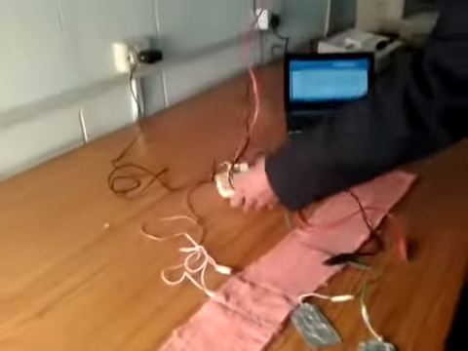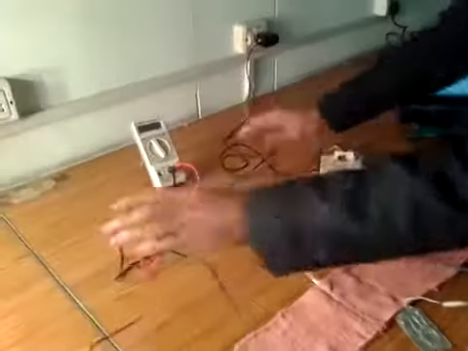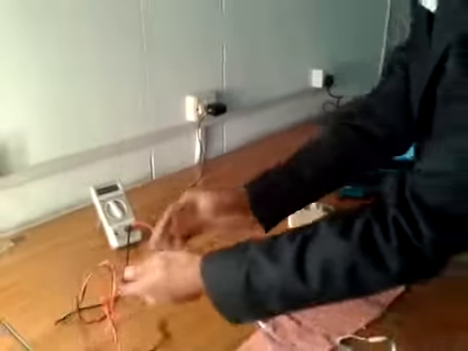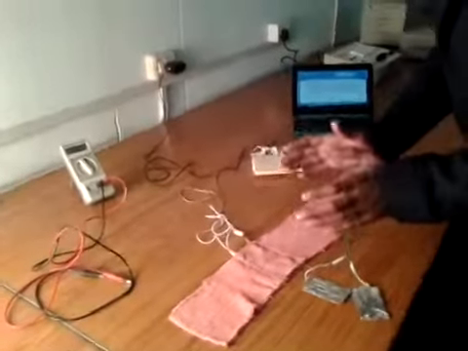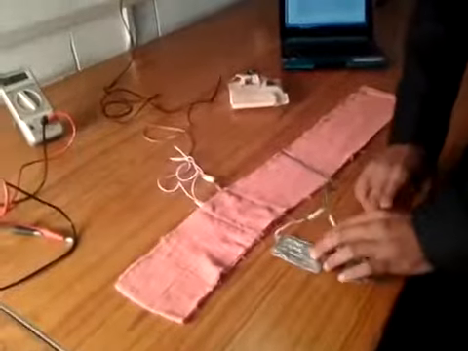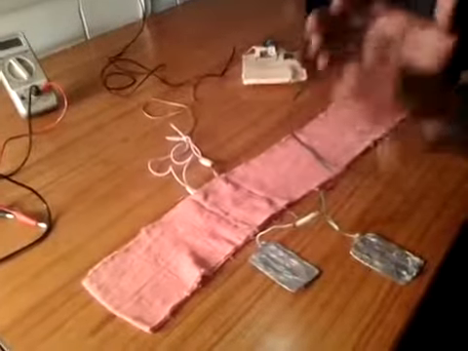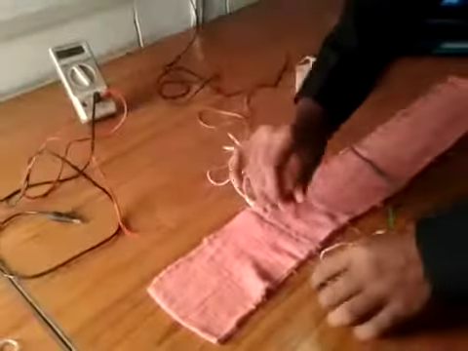Now again I am performing the experiment to show how it actually works. First of all, let us complete the first phase of the experiment, producing high and low frequency.